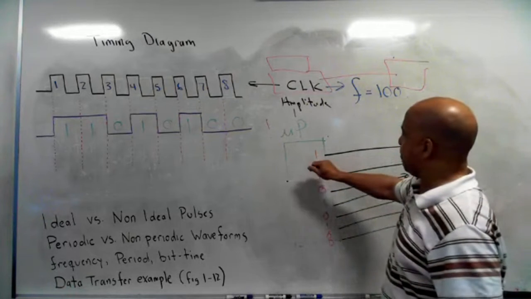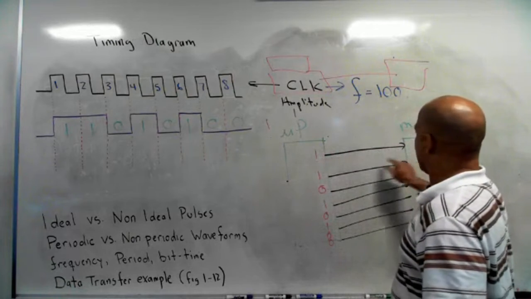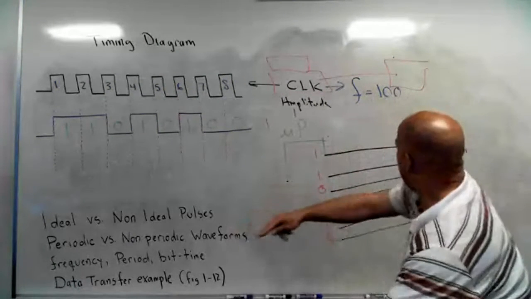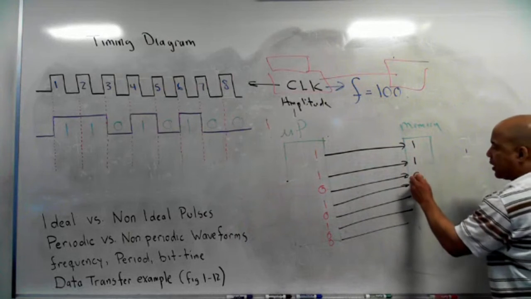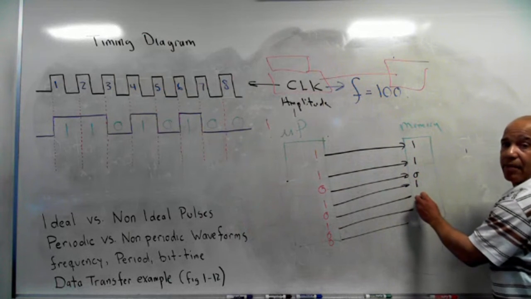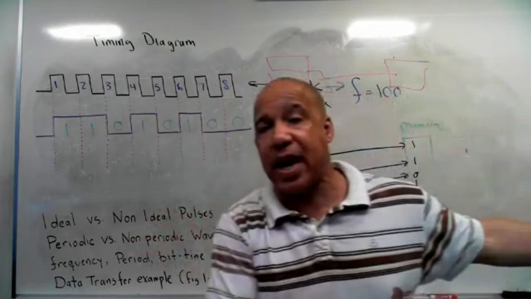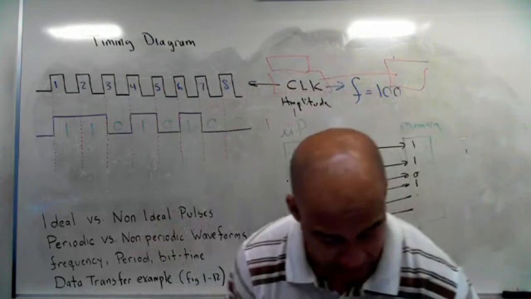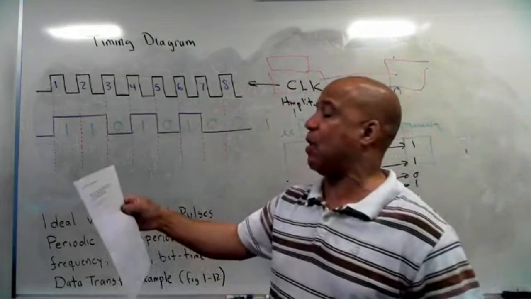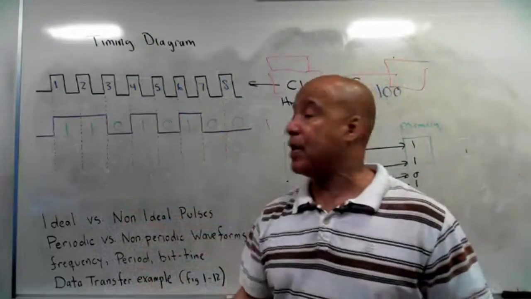So instead of transferring bits in single file from microprocessor to memory, one click of the clock, all these bits are transferred over here in one clock pulse, 1 bit time. So in parallel, I can move the bits all in one group together. And so for this example, at the very bottom it says, part B, what will be the total time to transfer the bits if I transfer them in parallel?